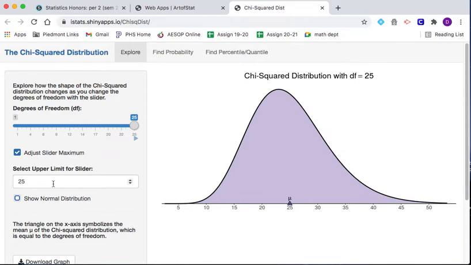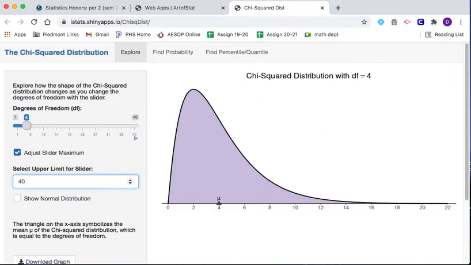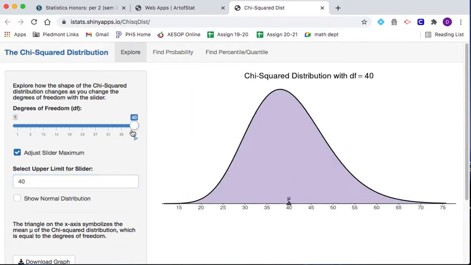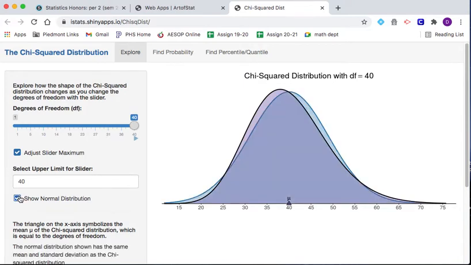Just to add to that, let's change this up to, say, 40 degrees of freedom. I'm not quite sure what the limit of this is, but let's push it up to 40 degrees of freedom. We get something that looks like that, and then we'll superimpose the normal distribution centered at 40, and see how the chi-square distribution is getting more and more like the normal curve.